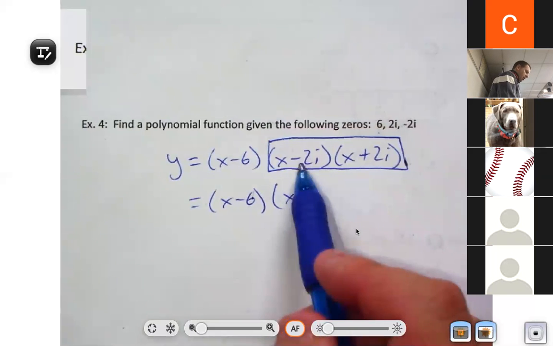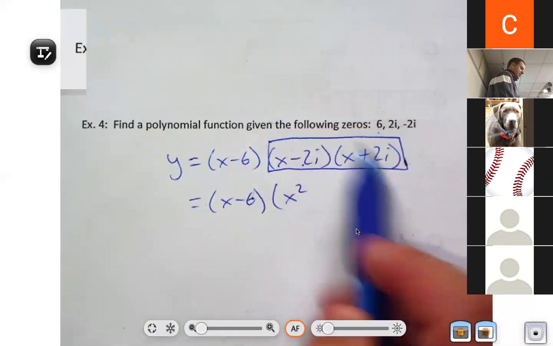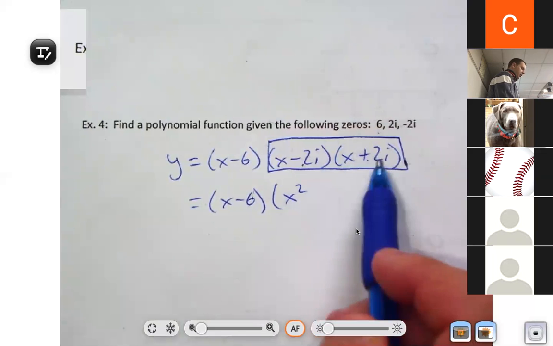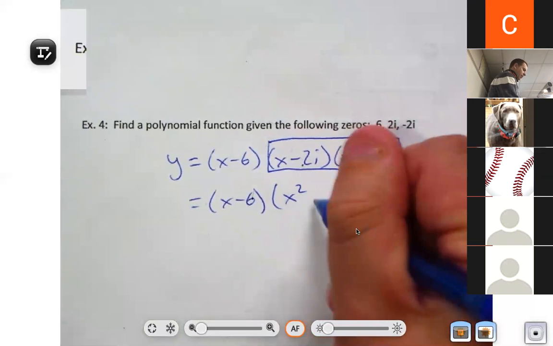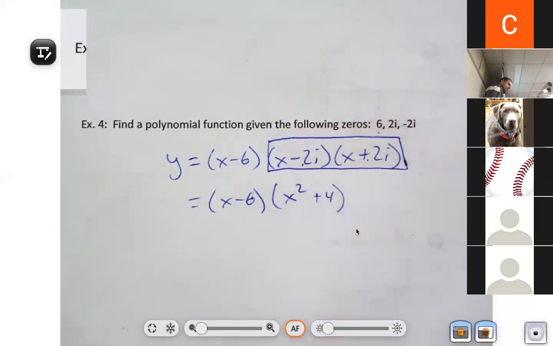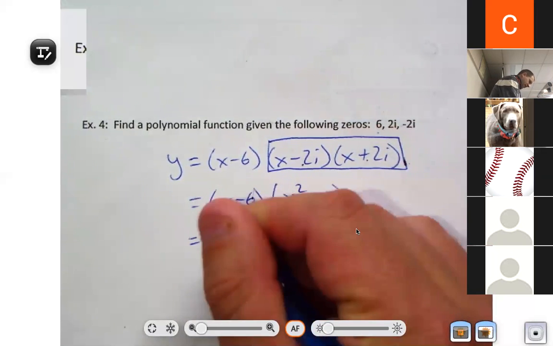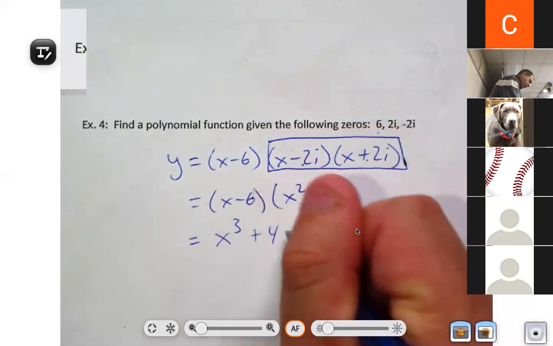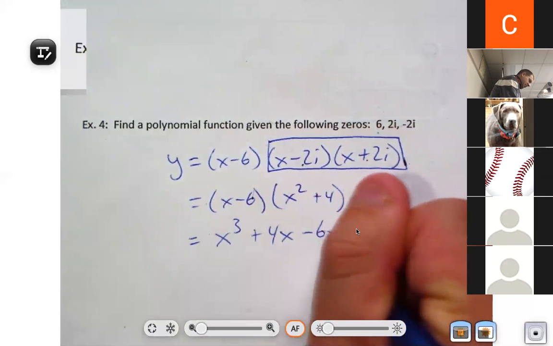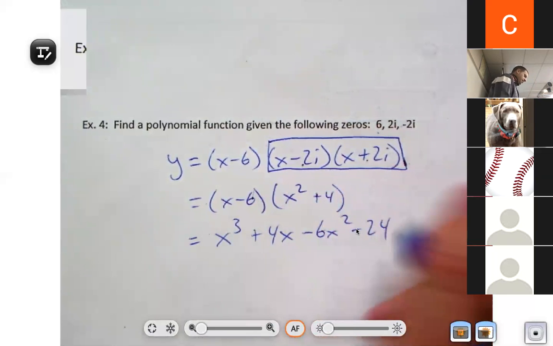And then -2i times +2i. Well, that's -4i squared. So +4. And then we just multiply these two things together. So x cubed plus 4x minus 6x squared minus 24.